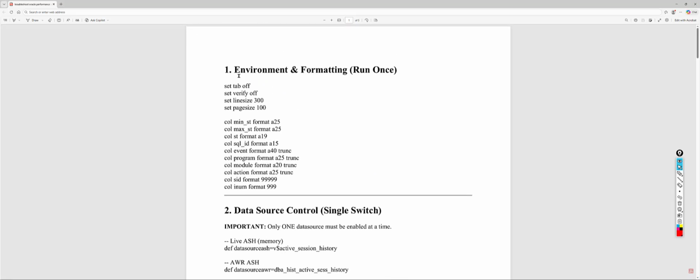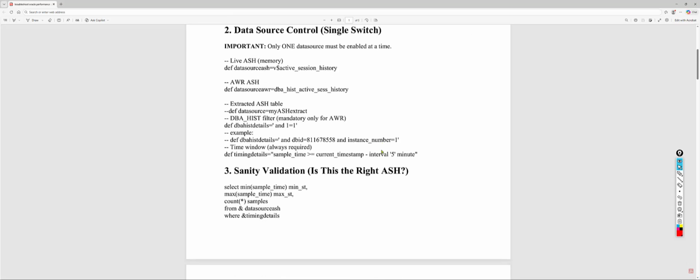We can also use ASH for historical analysis, but ASH is a sample-based collection, so it will give us more granular information compared to AWR. And we can also use V$ session views. V$ session views are the best for current issues, like V$ session, V$ SQL, V$ process, right?